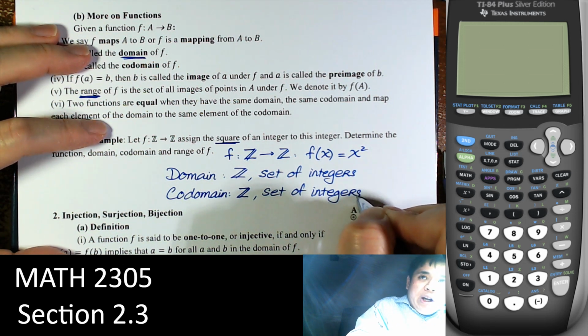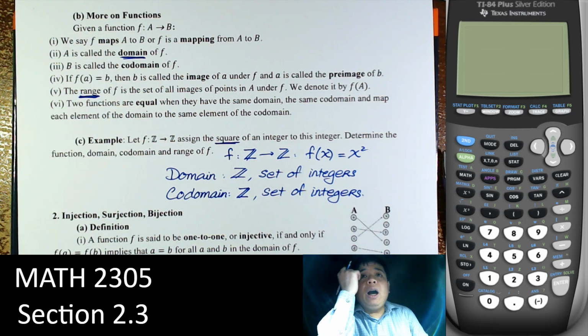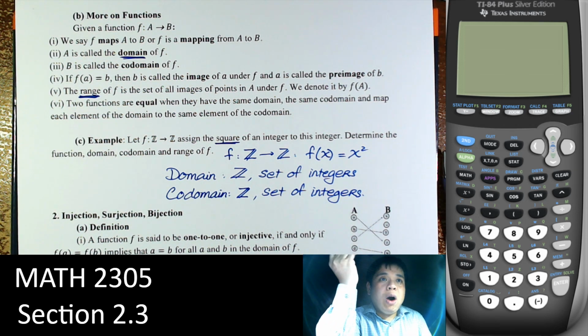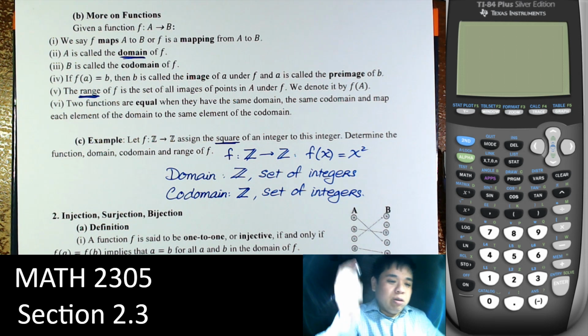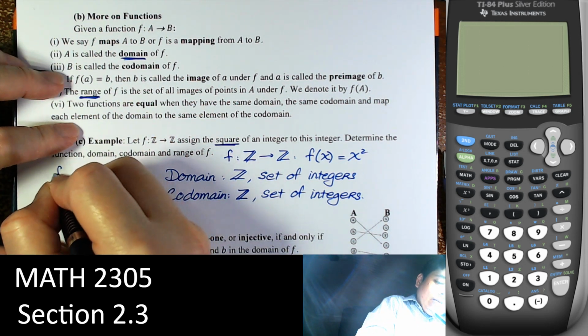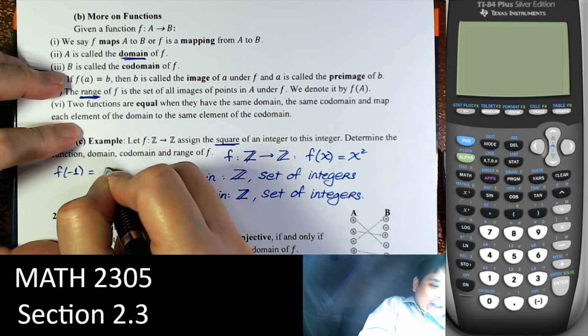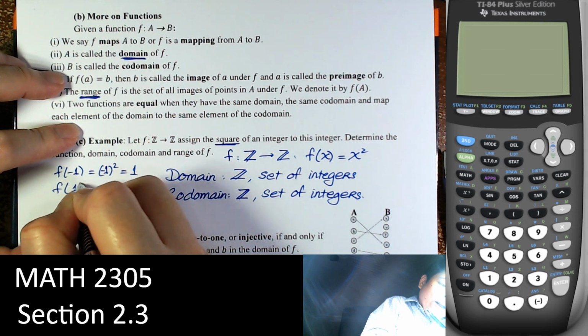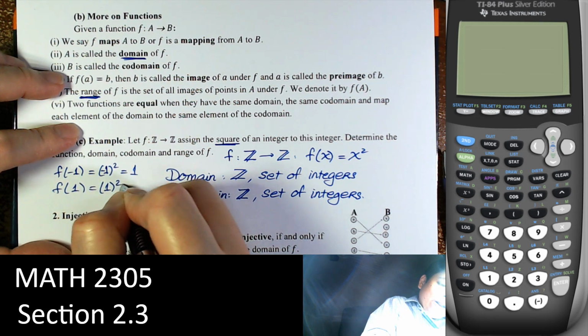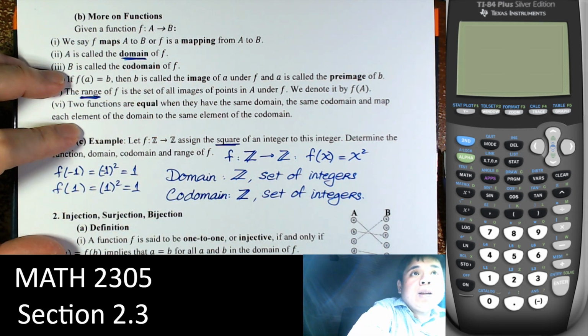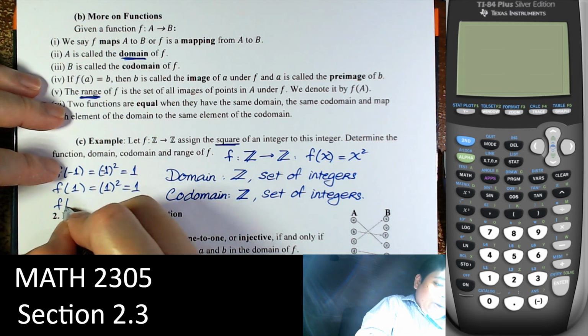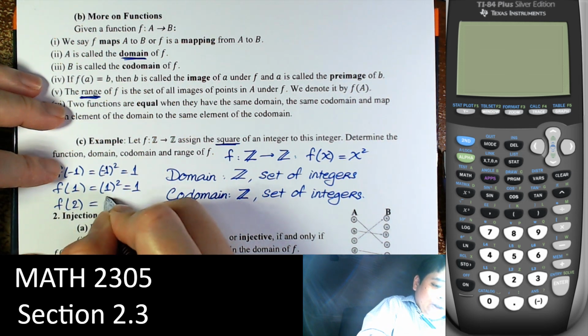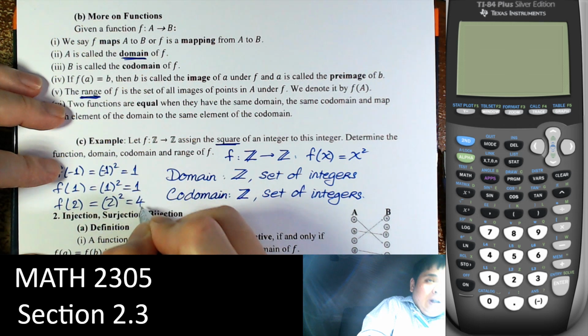But what will be the range? Remember, we have the square. Let's look at some values. f of negative 1 is negative 1 squared, which is 1. f of 1 is also 1. And f of 2 is 4.